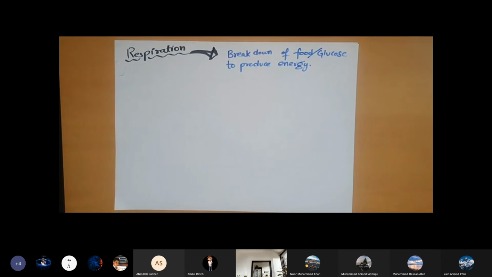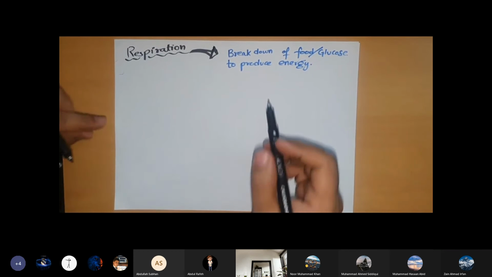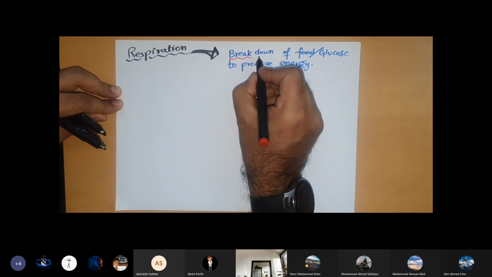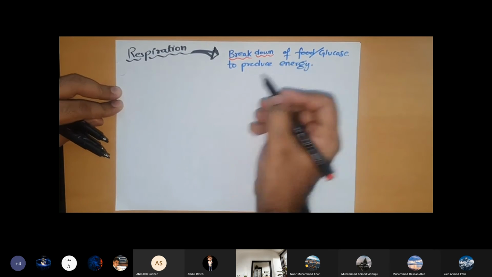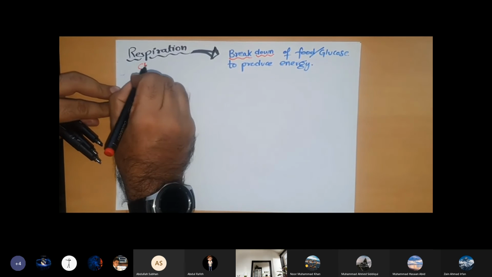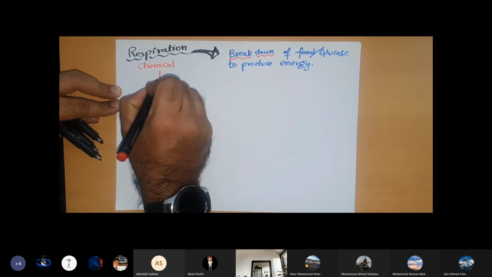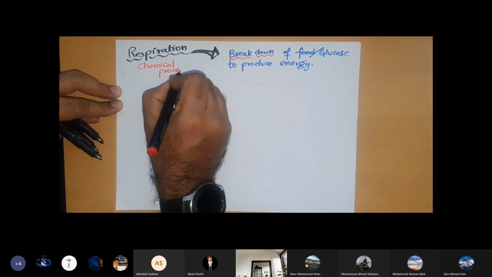When the breakdown of food takes place, this breakdown is a chemical process, it's not a physical process. That is why respiration is a chemical process. So it should not be confused with the other process which is called breathing.